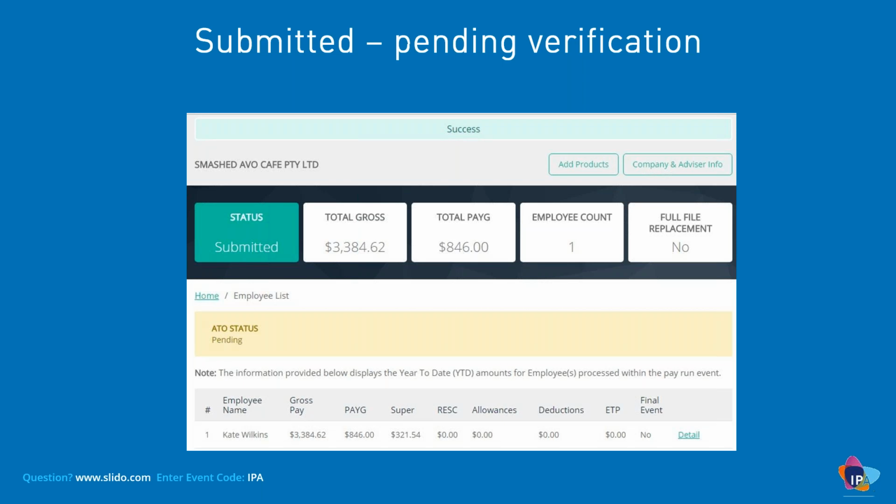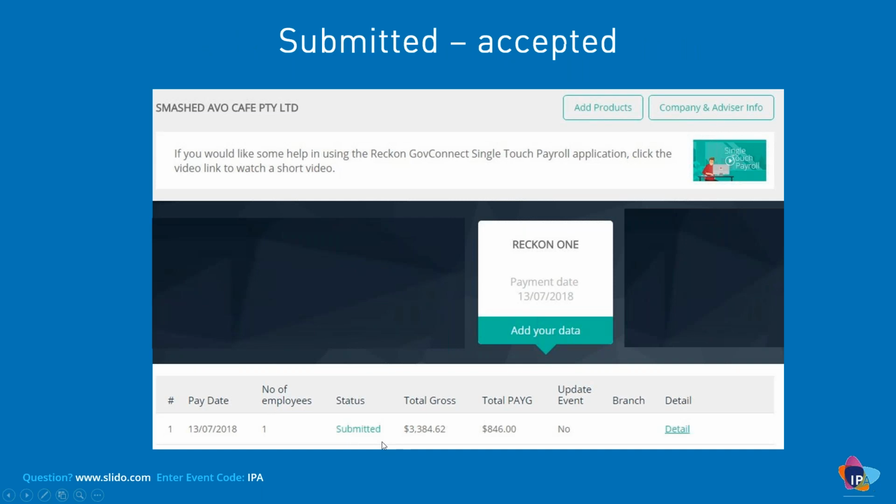It is now putting it through its checking process, and when it passes that check process, it'll send another signal back down to GovConnect STP and change that status to accepted and submitted. So let that go for an hour or so, and come back to it and see that you've got the submitted message in your status column.